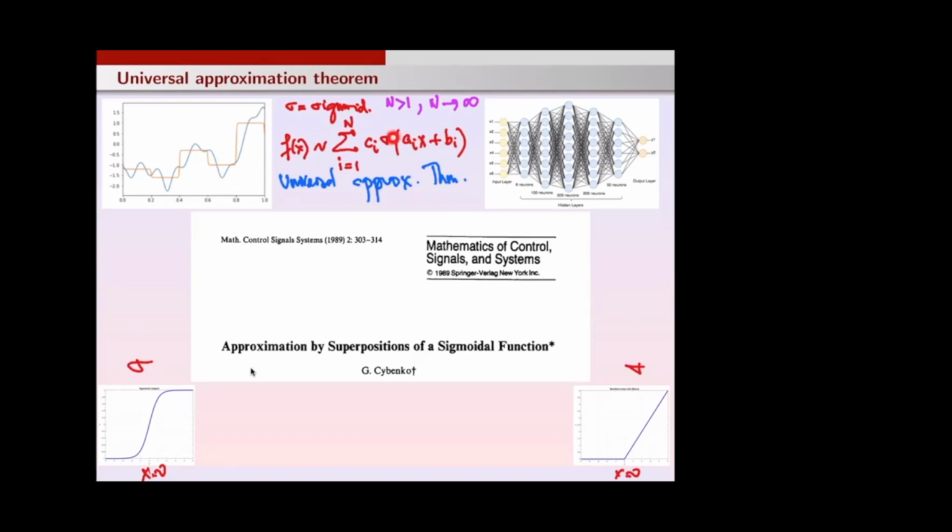And then finally, I need the possibility of amplifying also the jump, the amplitude of the sigmoid, by multiplying it by a constant c, which is arbitrary. Why?